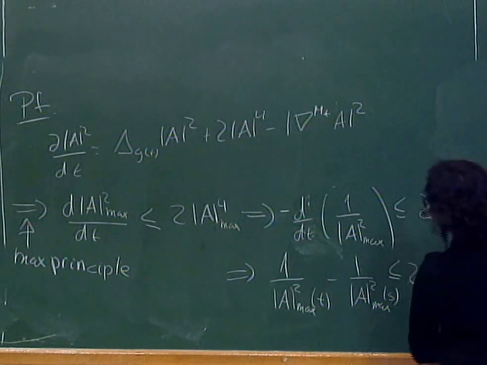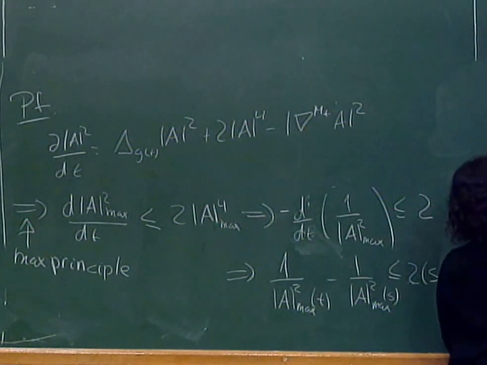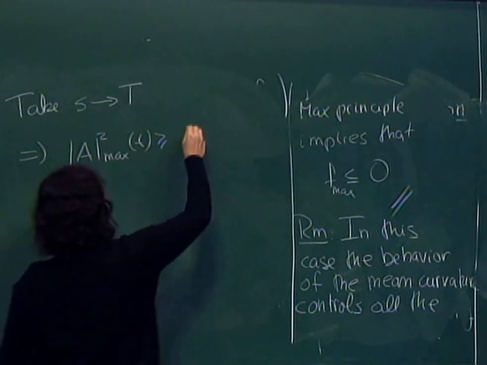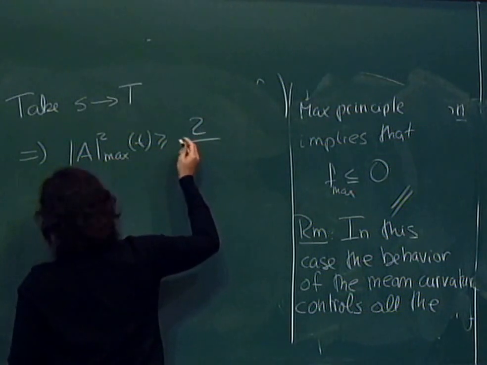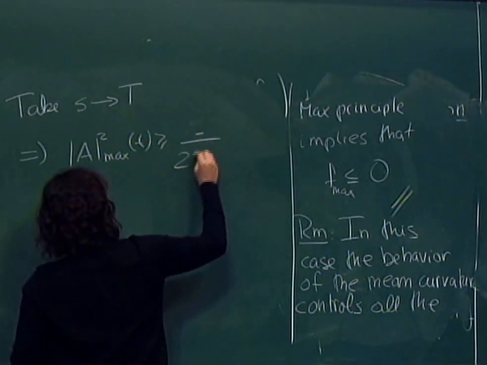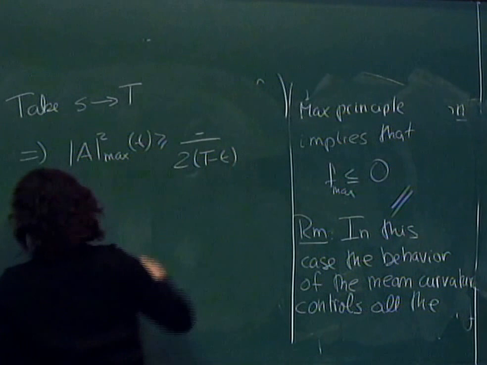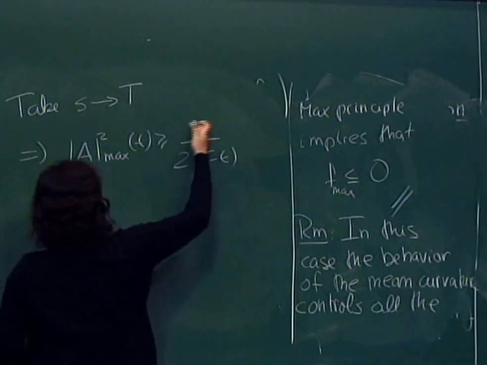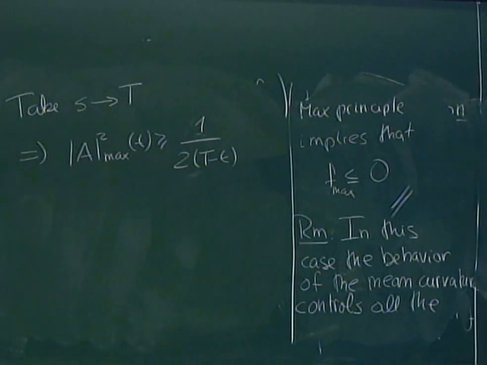And I get exactly what I wrote there, that |A|² max at t is going to be bigger or equal than 2 times t minus t. And I think I have one square too much, I guess. Is that correct? Yeah, all the exponents are correct.